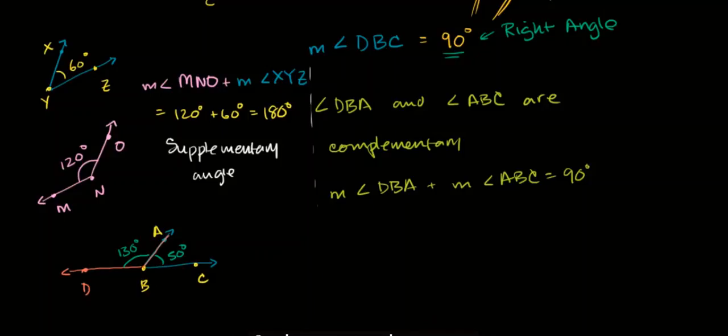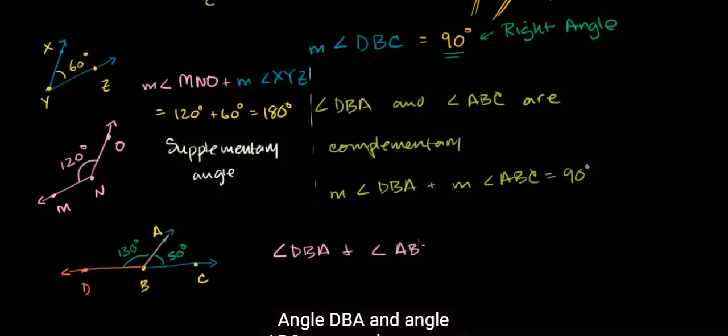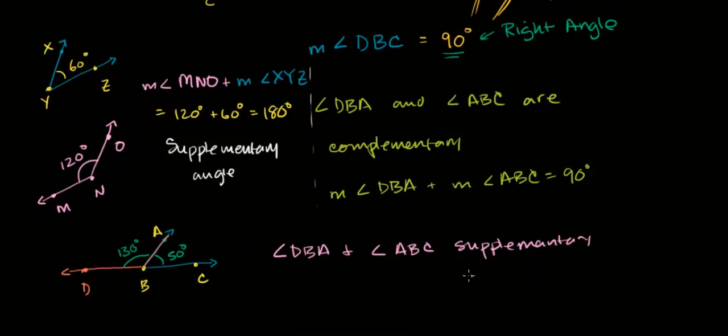So they are supplementary. So let me write that down. Angle DBA and angle ABC are supplementary. They add up to 180 degrees. But they are also adjacent angles.